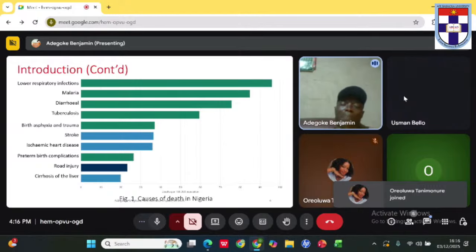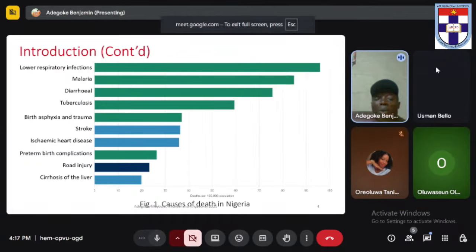It reveals that malaria is second among the most popular causes of death.